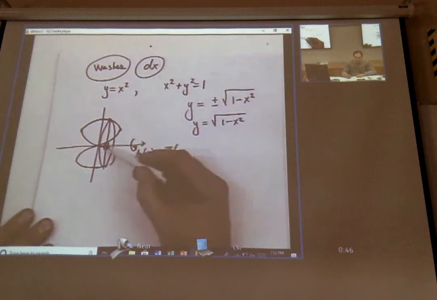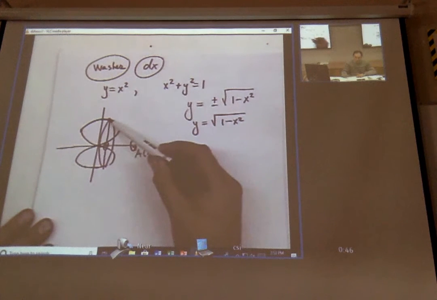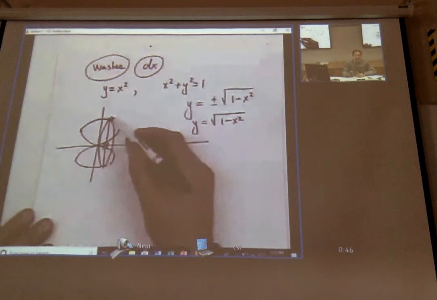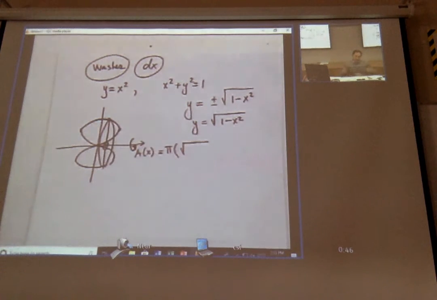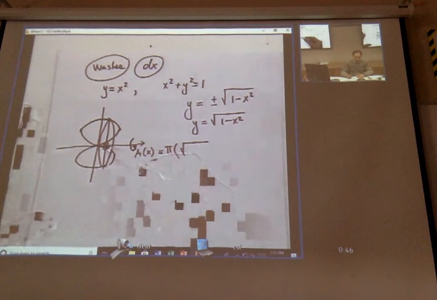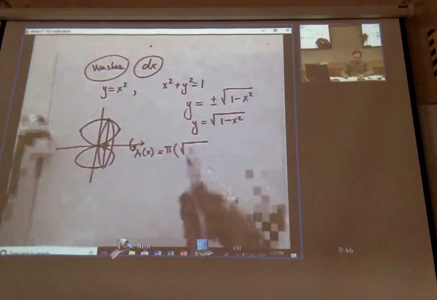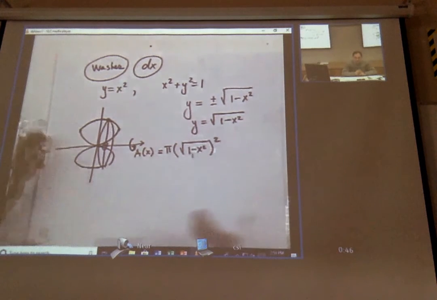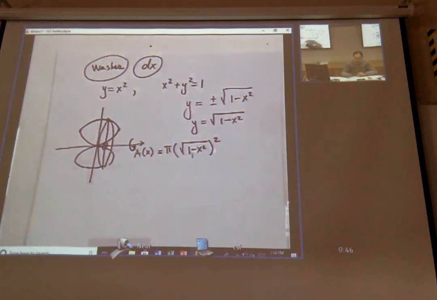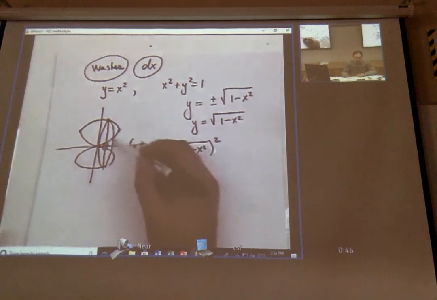What's the distance from here to here? The square root of 1 minus x squared. Right, it will be just the square root, just the function. Our axis of rotation didn't shift, so that's good news. You go from here to right here, it's just directly to the function, right? So we have 1 minus x squared and squared. So that's the area of the large circle, the entire piece.